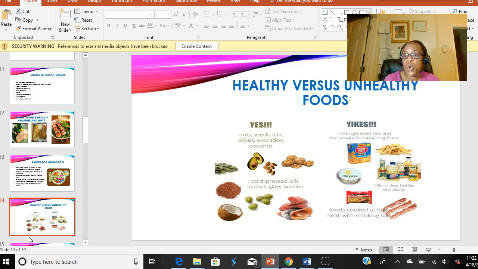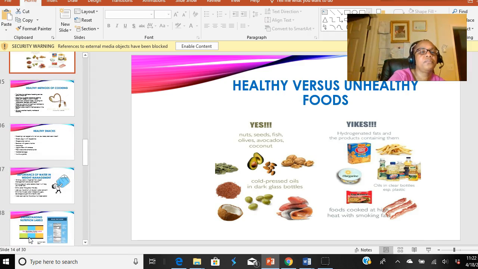We say no to hydrogenated fats and the products containing them. So these cereals, these fries, oils in clear bottles, margarine, foods cooked with high heat with smoking fat like bacon. No, no, no. Those are not good for you. So we're trying to eliminate them.